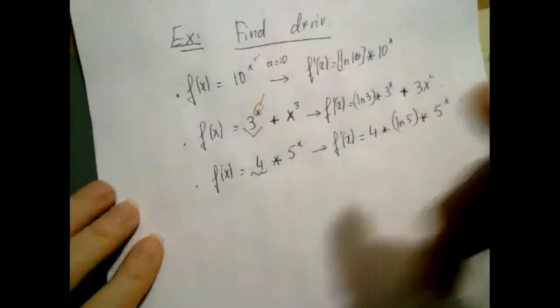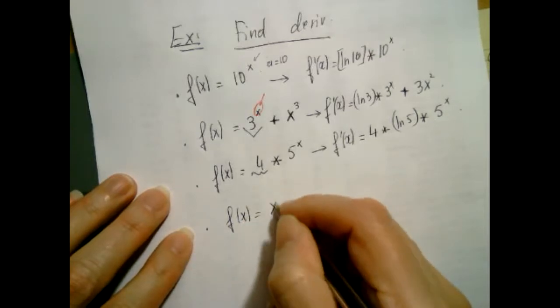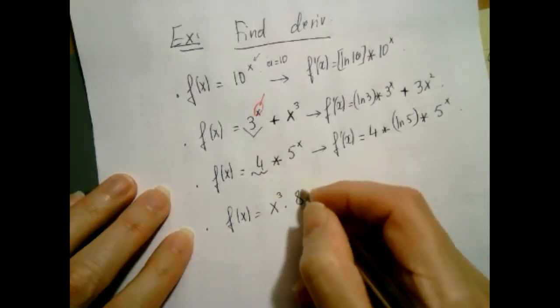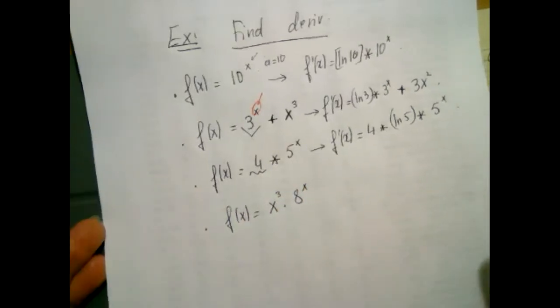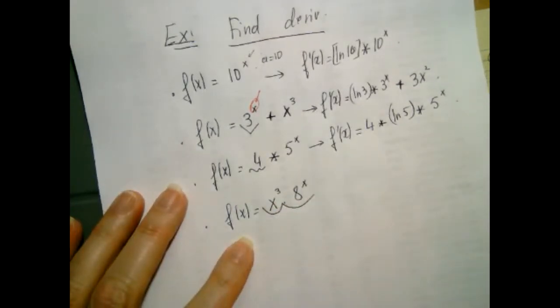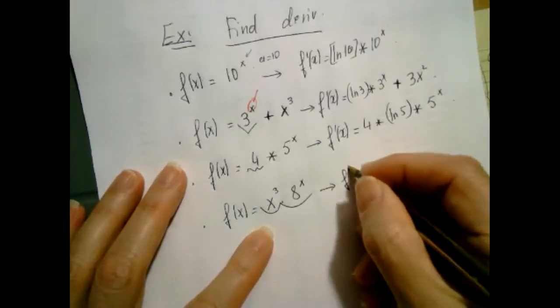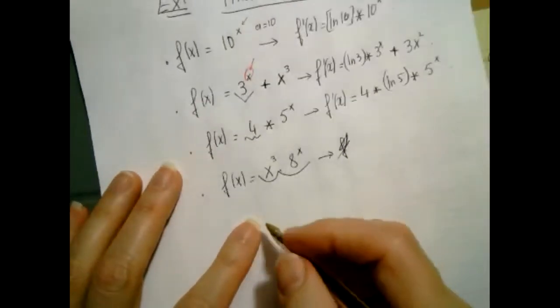Correct, all right? So let's see one more, f of x equal x to the power 3 times, let us say, 8 to the x. So just mix and match. This one, absolutely, the product rule is in question.